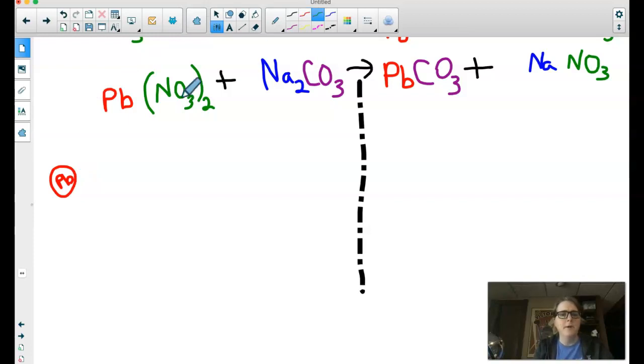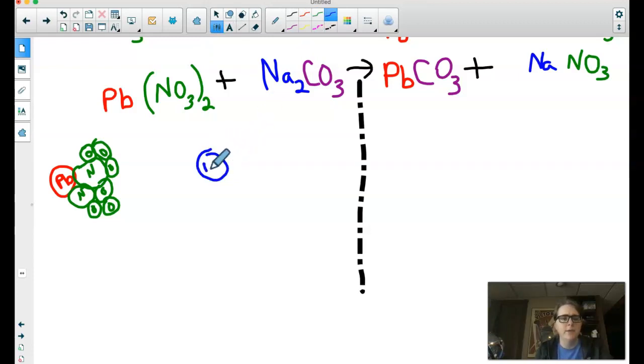Now when I'm drawing my particle diagram for that nitrate, it is very important that the nitrogen and the oxygen are separate atoms. So I do have to draw a nitrogen with 3 oxygens attached. And then I'm going to do that a second time because I've got 2 of everything inside the parentheses on that Pb NO3.